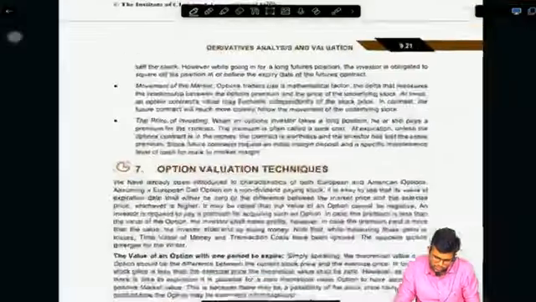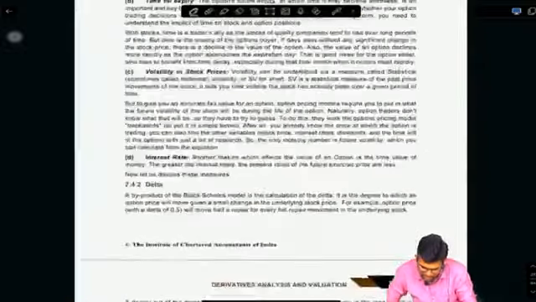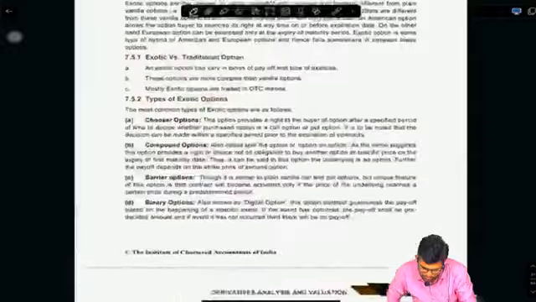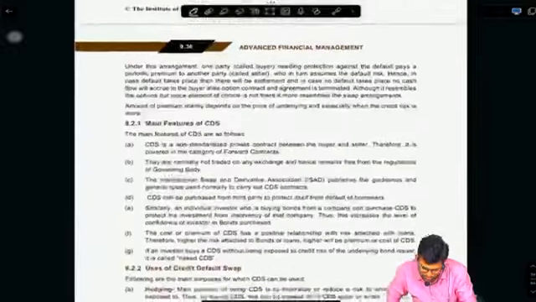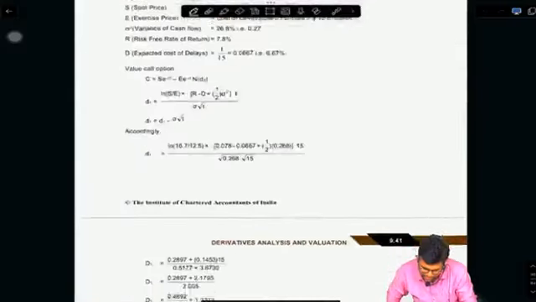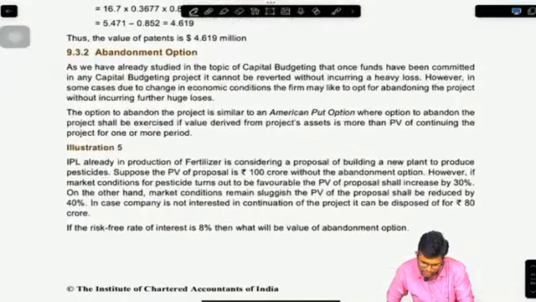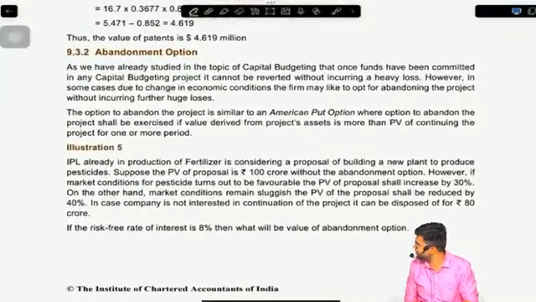Option illustration. Just see if you see abandonment somewhere. Real option. Okay, students, read that paragraph.